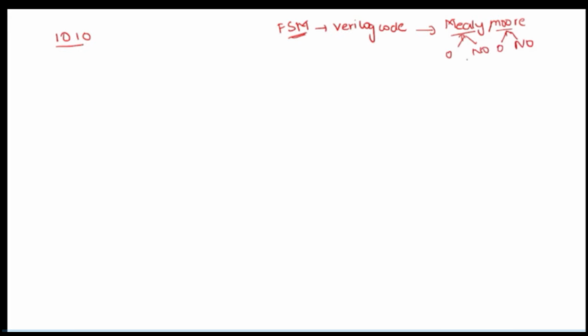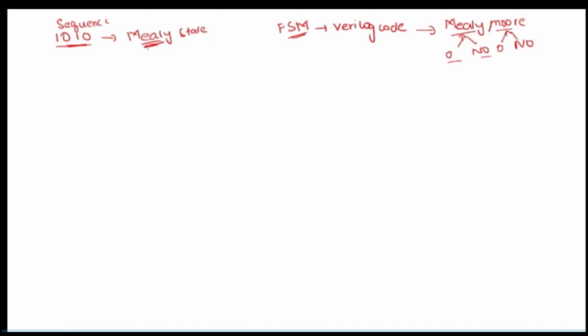You will see what overlapping and non-overlapping are. Today we are going to draw a state diagram for the sequence 1010 in a Mealy state machine. So we'll be using the Mealy state machine to detect this sequence 1010.